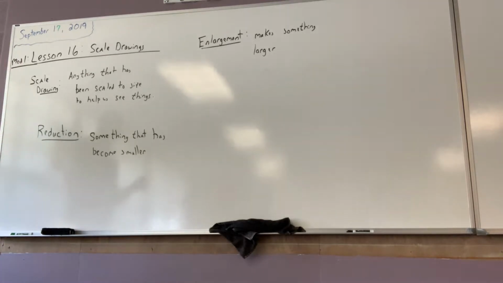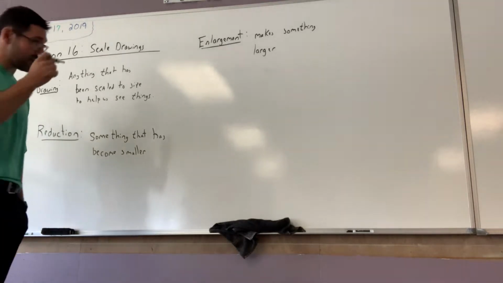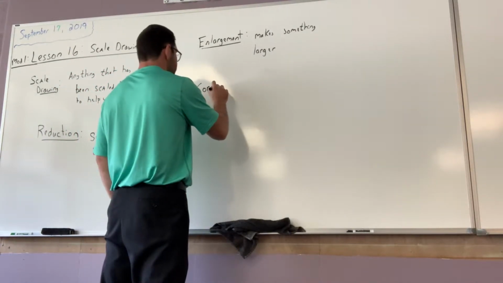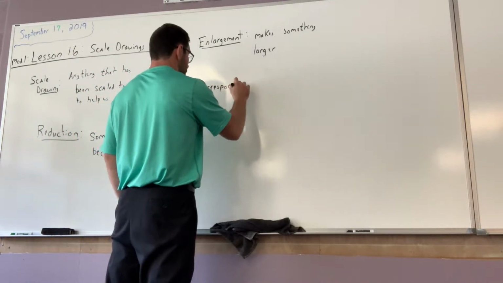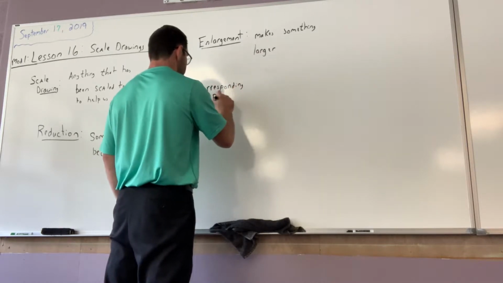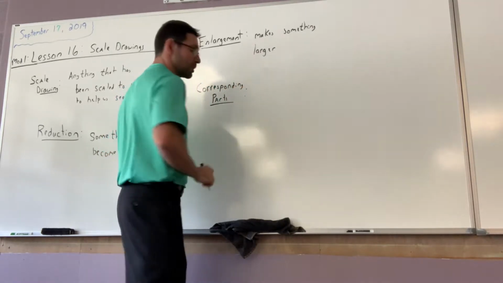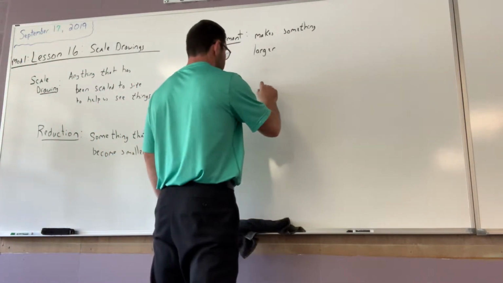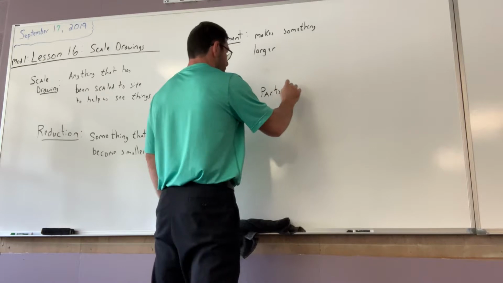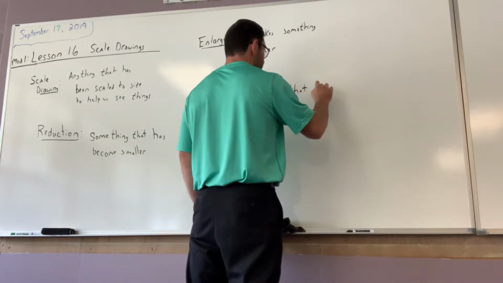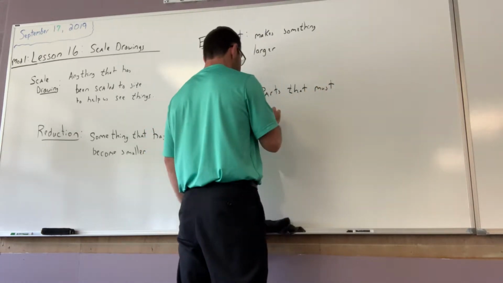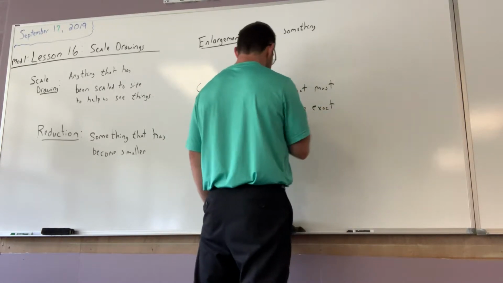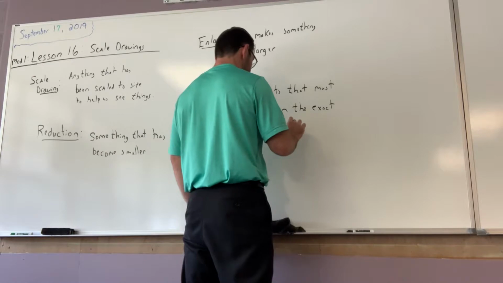Reduction makes it smaller, enlargement makes it larger. Now, every enlargement or reduction has what is called corresponding parts, that must be in the exact same place.